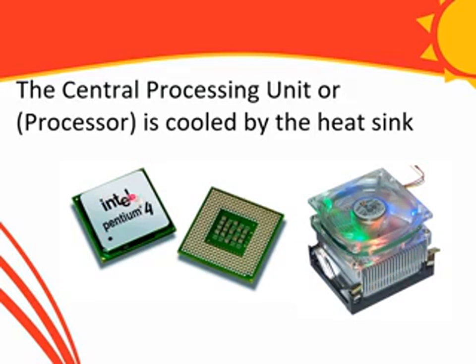So when the CPU is working, it gets hot, and when it's hot, it's cooled by the heat sink. The heat sink extracts the heat from there, and the fan cools the heat sink, keeping the CPU cool. So the CPU, processing unit or processor as we call it, is cooled by the heat sink. That is the purpose of this one, to cool the CPU.